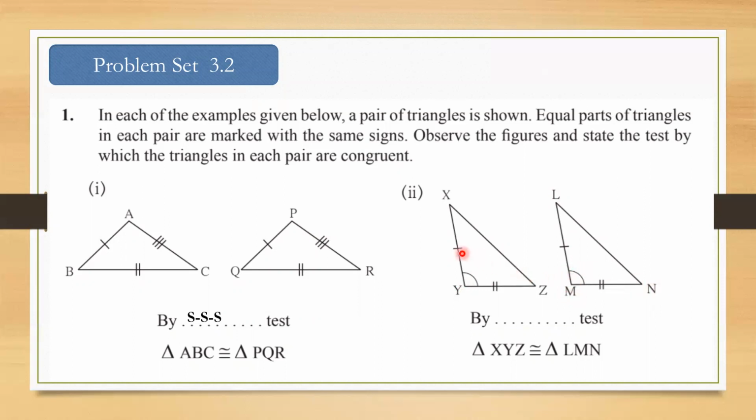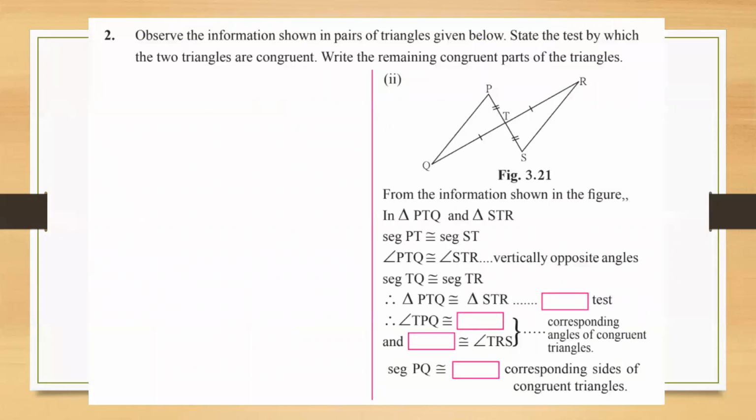So definitely triangle 1 is congruent to triangle 2 by which test? Side angle side test. In short form it is written as the SAS test. I have solved the first two sub questions. The next two sub questions you have to do for your homework. They are very easy sums.